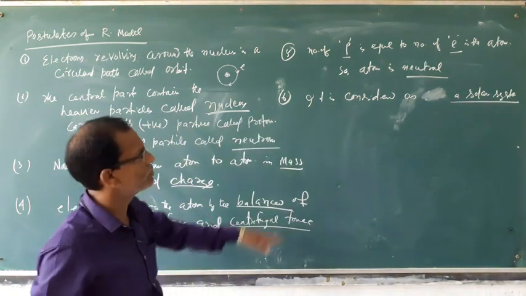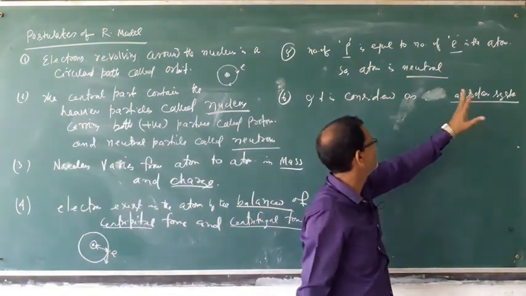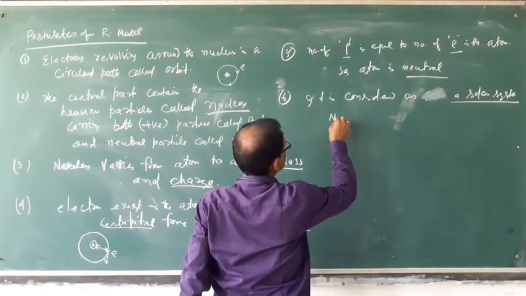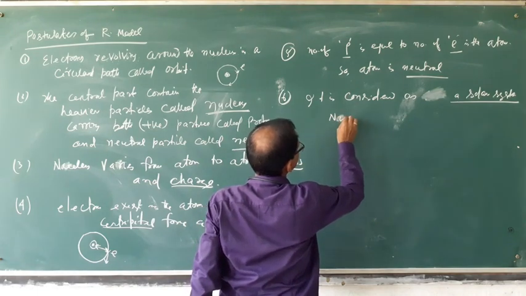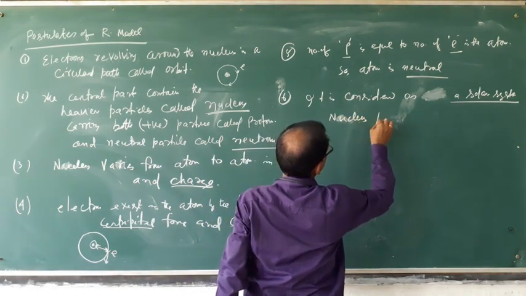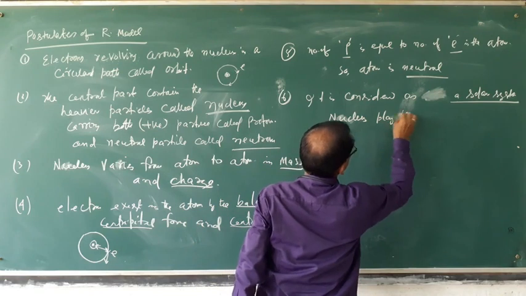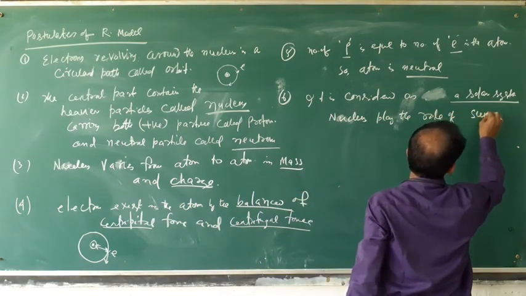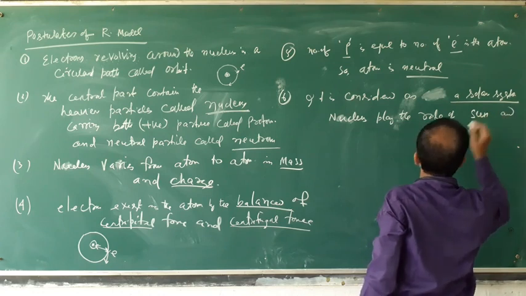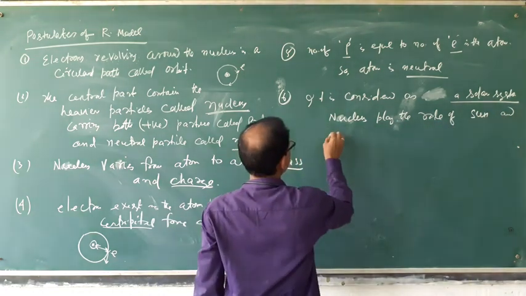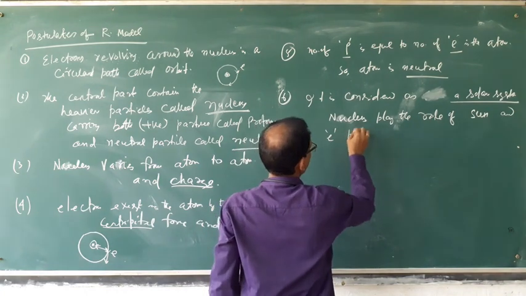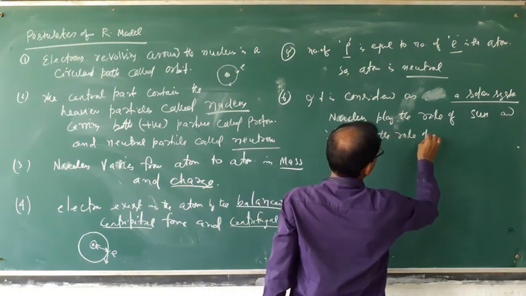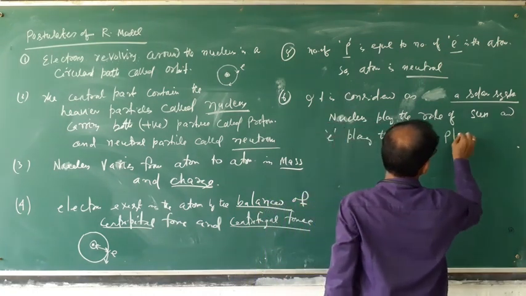The atom is structured just like the solar system, in which the nucleus plays the role of the sun and electrons play the role of planets.